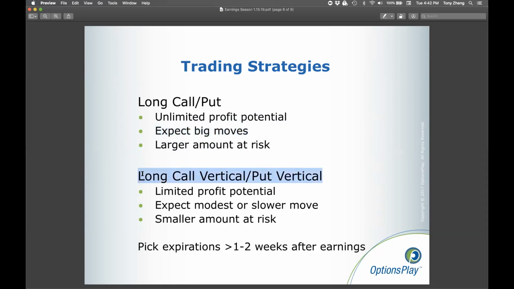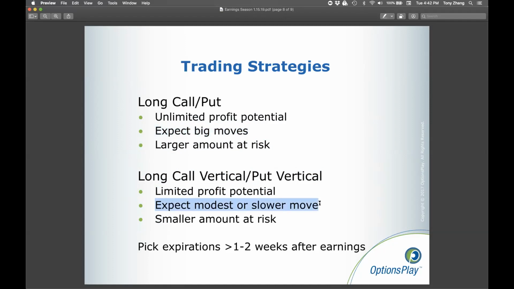Conversely, buying a call vertical or put vertical has limited profit potential. So you will have, to some degree, a cap as to how much money you can make on an earnings move when you buy a call or a put vertical. This is a strategy where you expect more of a modest or maybe a slower move on earnings. So for those of you that are trading more large cap, blue chip stocks, you may expect more of a modest or slower move.